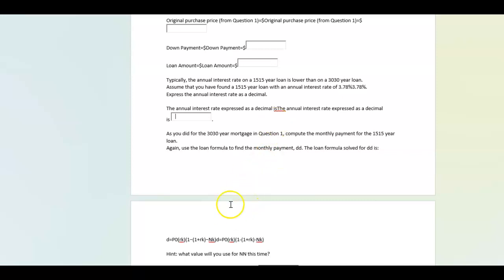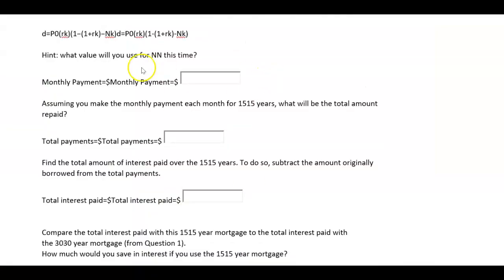In fact, they tell you the different values on the first part, so you may have to go remember some of those, but I believe N is the number of years remaining. You'll want to check that. But make sure you use a different value for the years remaining, because on that first one it was 30, right? But here it's a 15-year loan, so that'll have to be a different number.